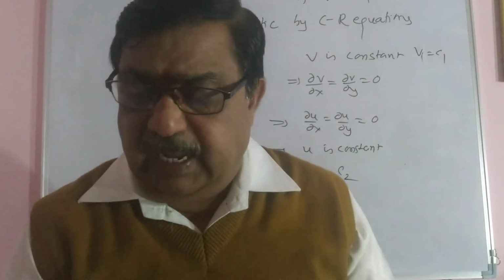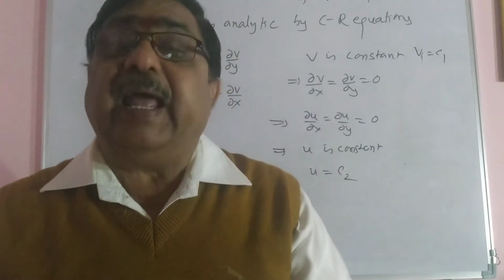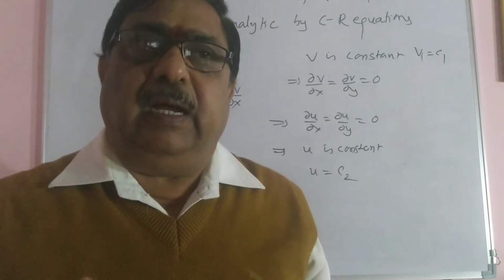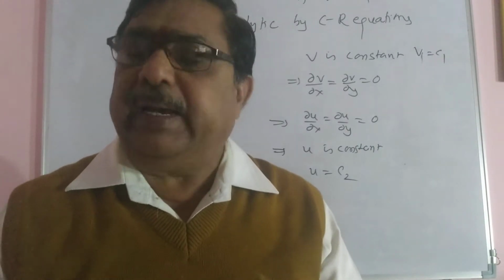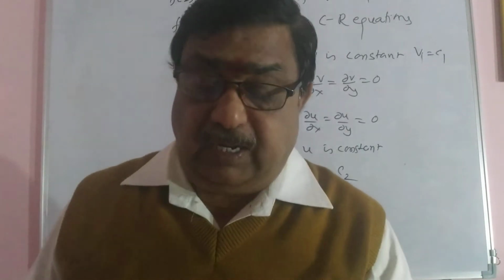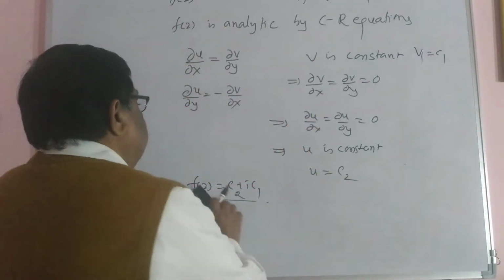Then we go to the next example. If in an analytic function the difference or sum of the imaginary and real parts is given, then we have to find out the analytic function f of z.